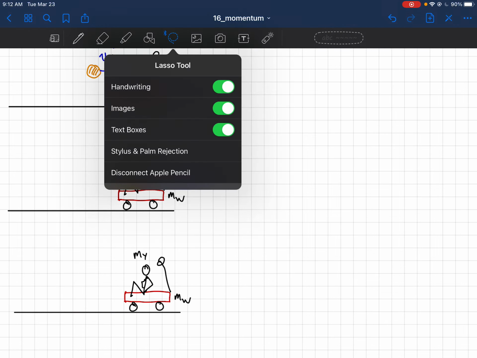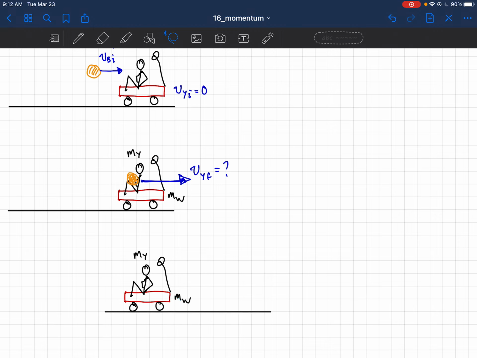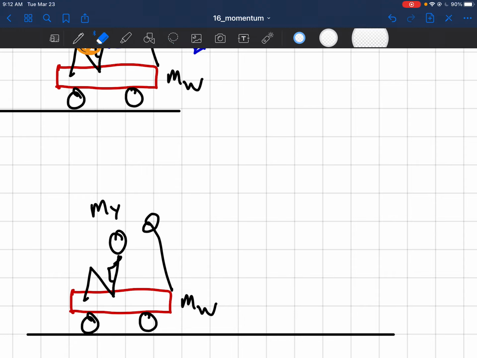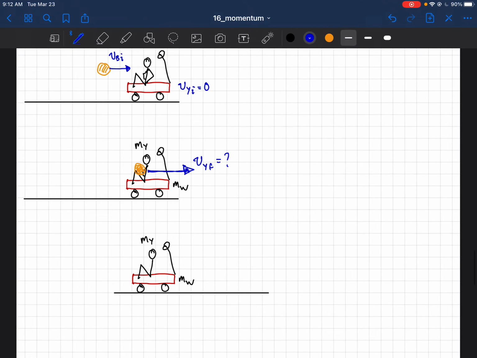So now you're going to take the ball and you're going to throw it back. You're strong too, so you just lift that ball up and get it ready to go.